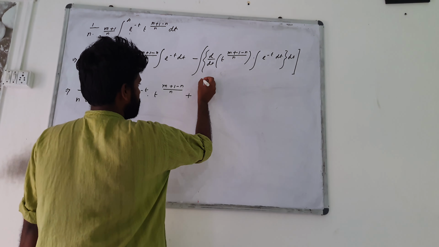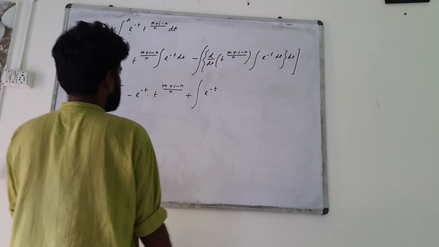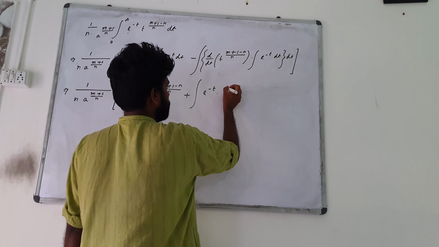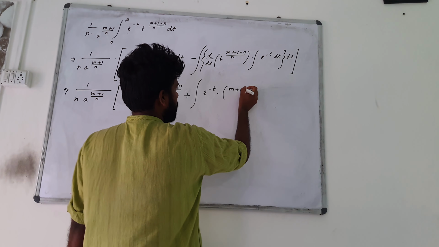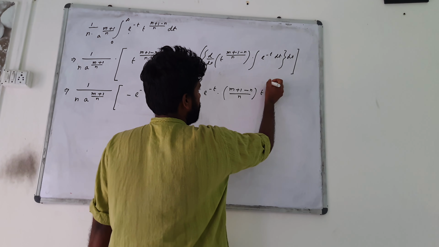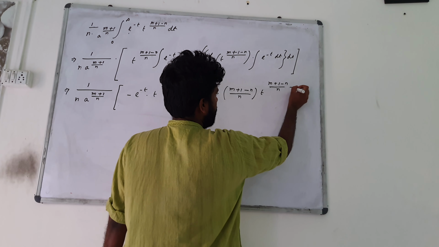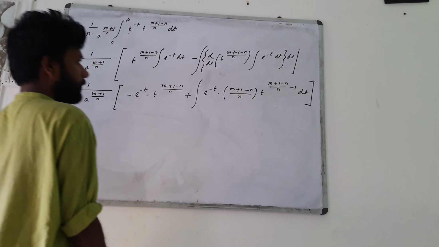So plus e power minus t, and the differentiating of this thing will go m plus 1 minus n by n, t power m plus 1 minus n by n minus 1 dt. This is the first step of our calculation.